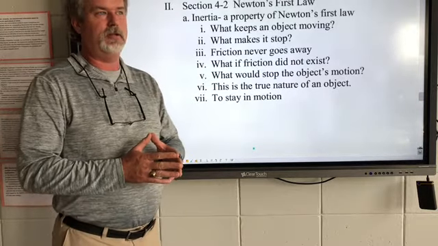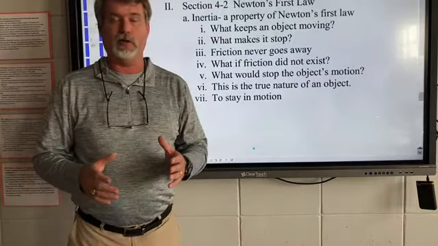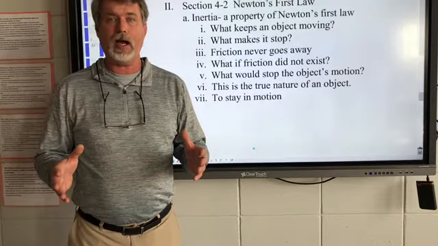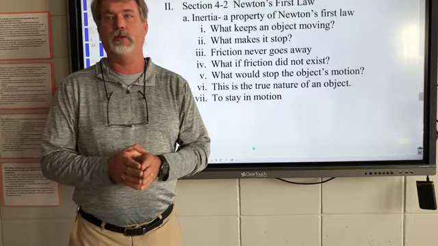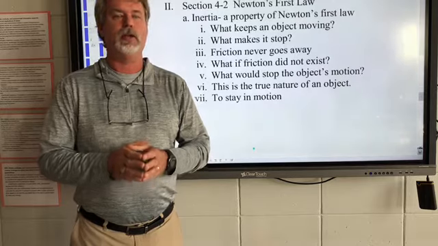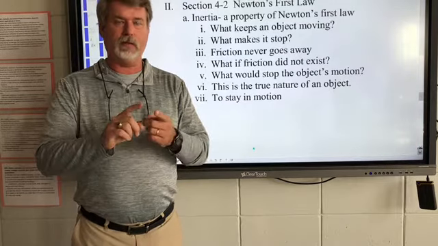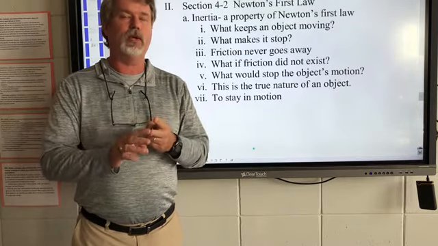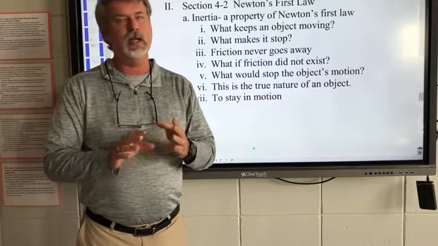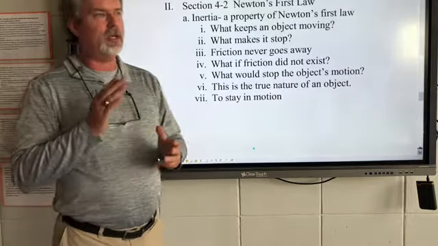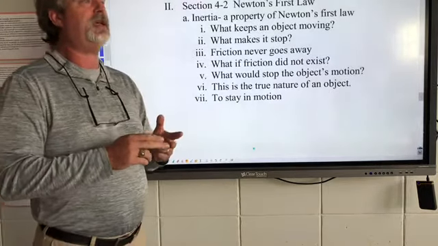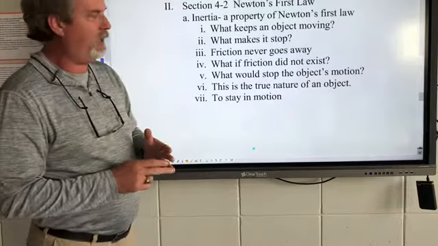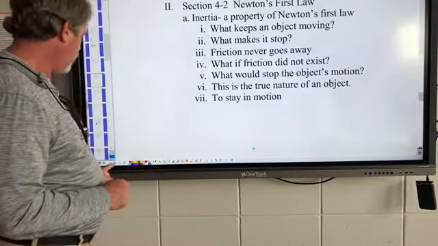And you see that when you get on ice or something like that, if there's no friction on the ice, then how do you stop yourself from moving? It's very difficult to do. So forces make it move faster, make it move slower, or make it change direction. And without a force, you will continue to move, or you will stay at rest, and you will stay in that same direction. All right?